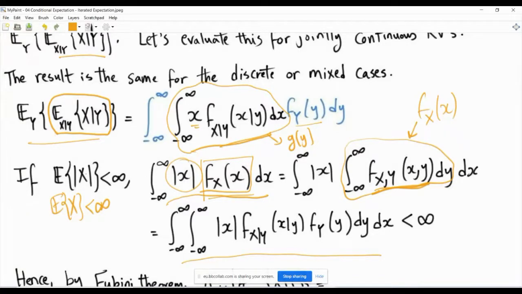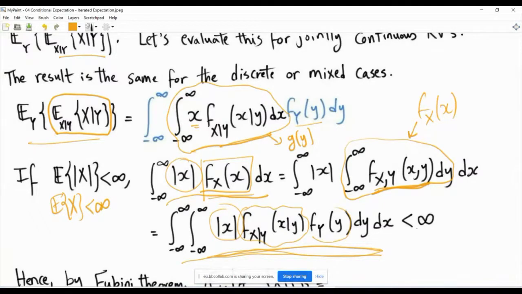So if the absolute first moment of x is finite, then you know that this double integral, involving the absolute value of x, the distribution of x given y, and f of y, will be finite.